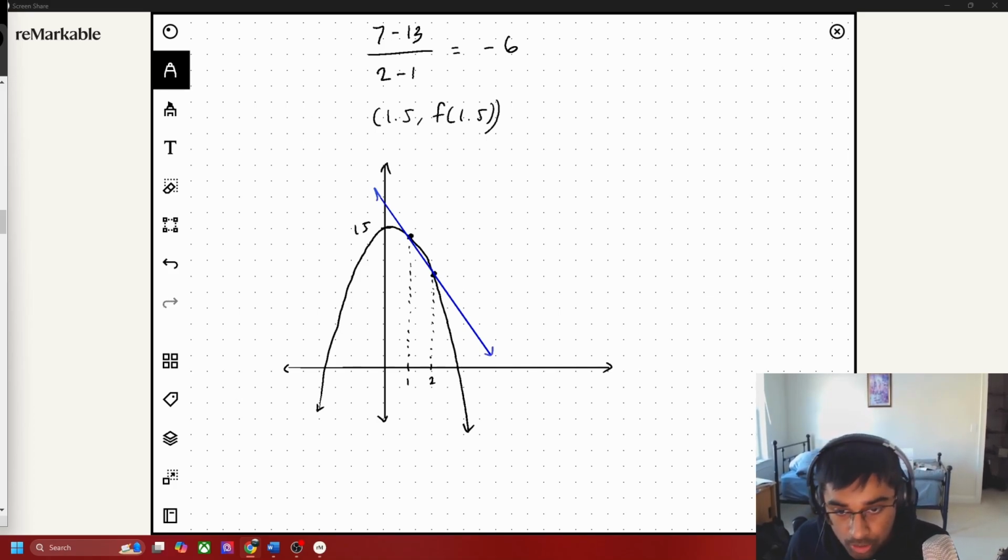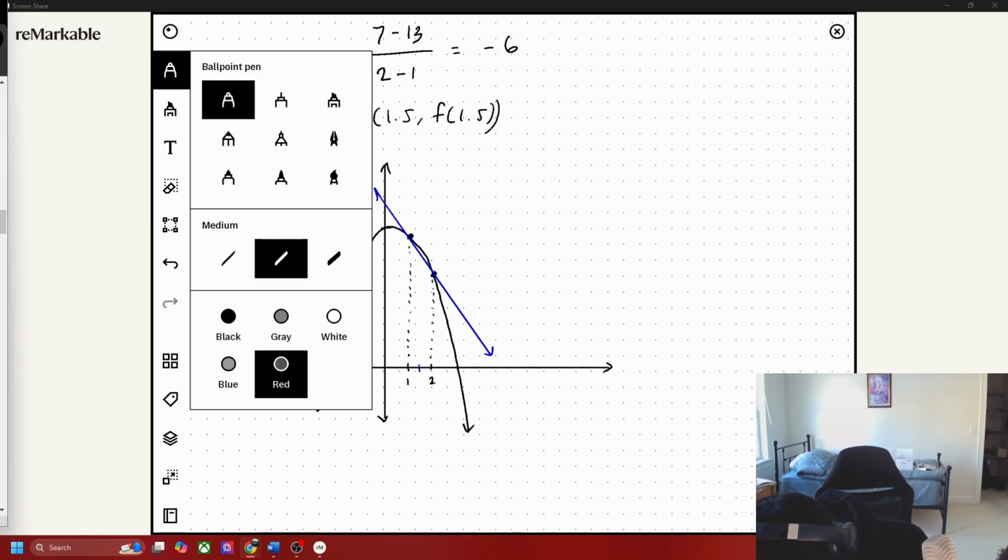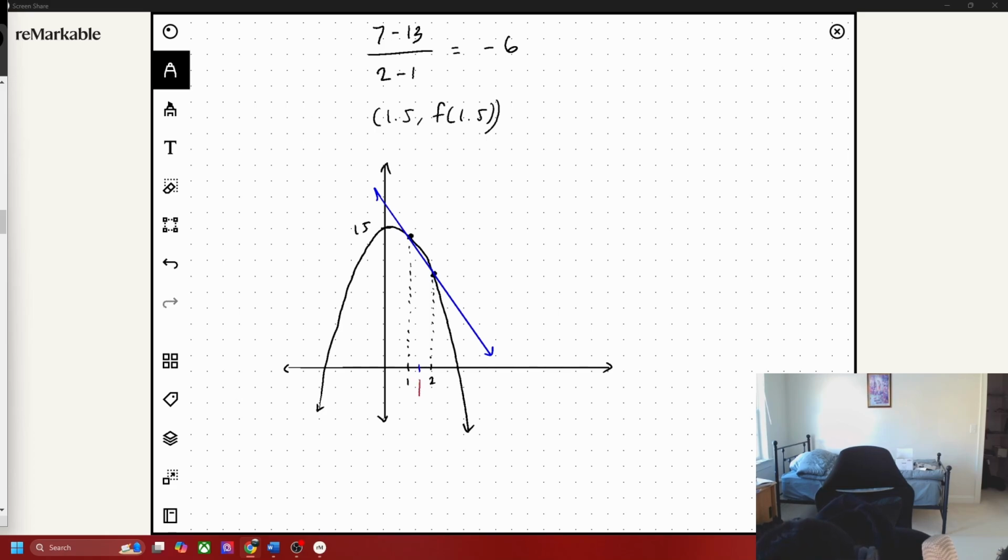And what we can do, basically, if you take the slope at 1.5, what we're now doing is creating a secant line here, but that's closer to 1, which is what we're really interested in. Similarly, we can just keep going like this.